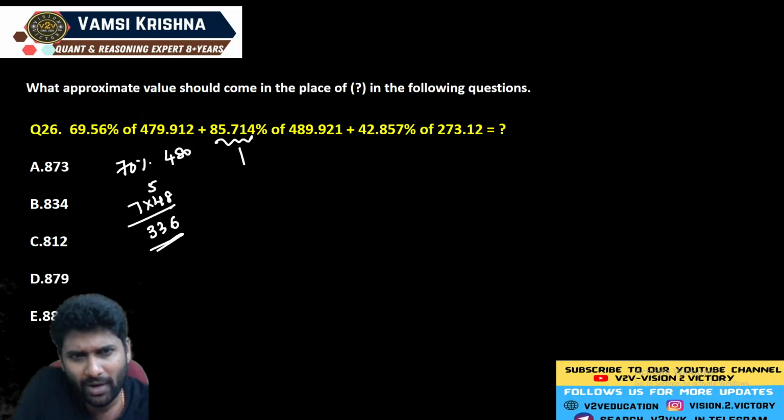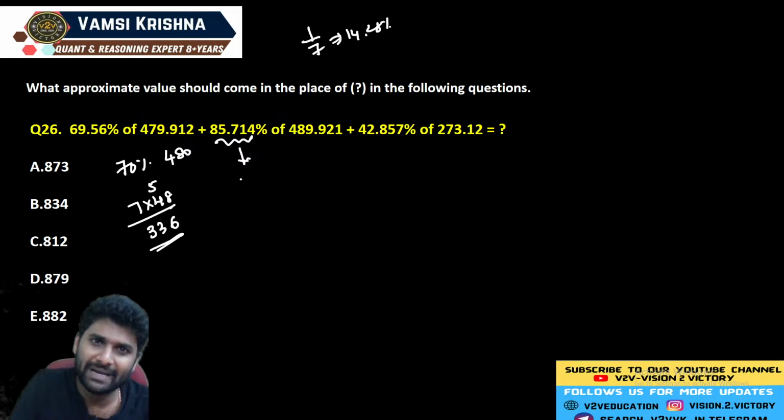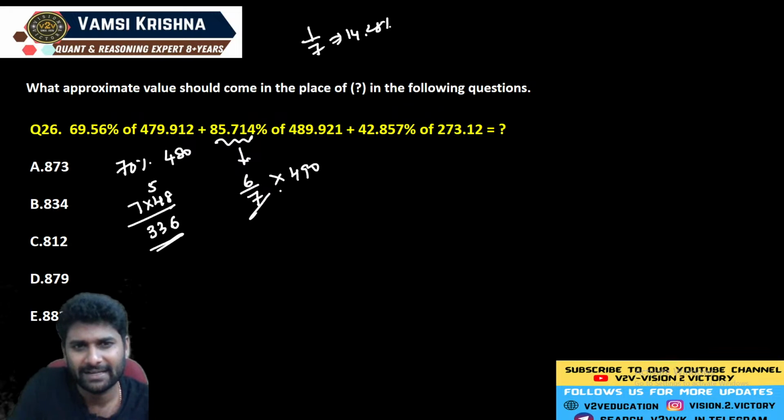And 85.714, you already know that 1/7 of a value is equal to 14.28 percentage. Definitely it's a value of 6 by 7. Why? Because 86 plus 14, guys. So take 6 by 7 of 490 this way.